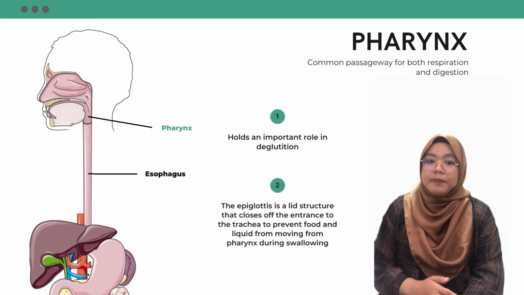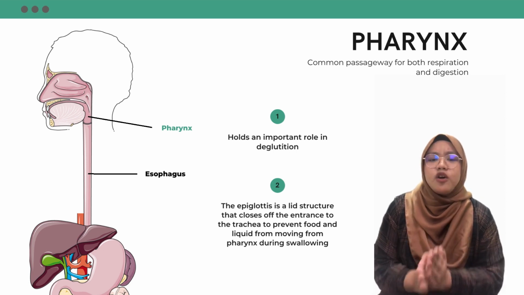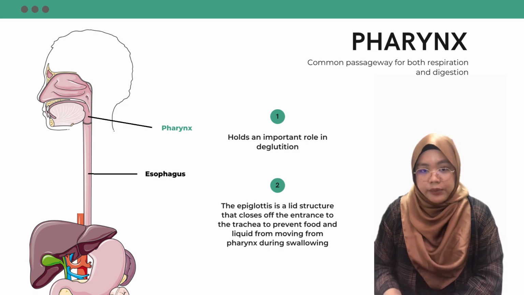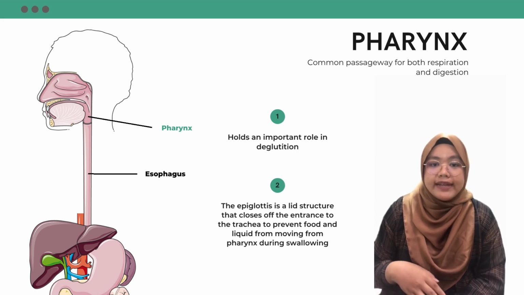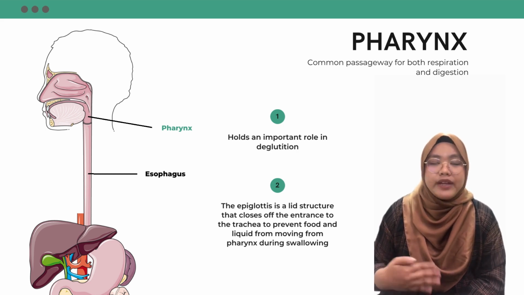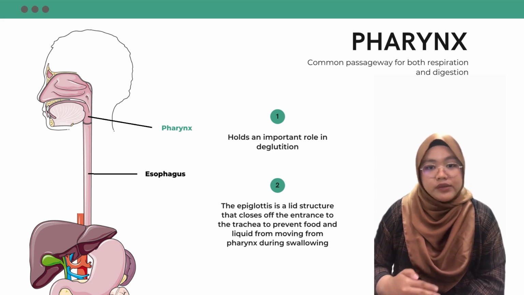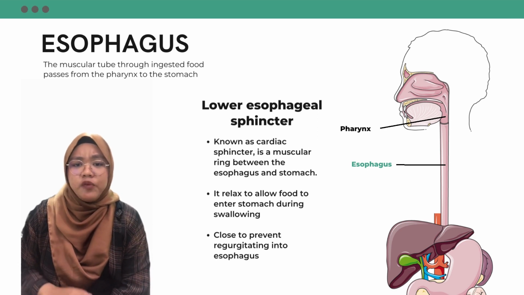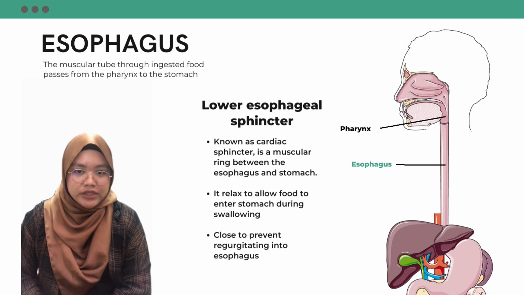The pharynx is a common passageway for both respiration and digestion. It holds an important role in deglutition, or swallowing. The epiglottis is a lid structure that closes off the entrance to the trachea to prevent food and liquid from moving from the pharynx during swallowing. As for the esophagus, it is the muscular tube through which ingested food passes from the pharynx to the stomach.